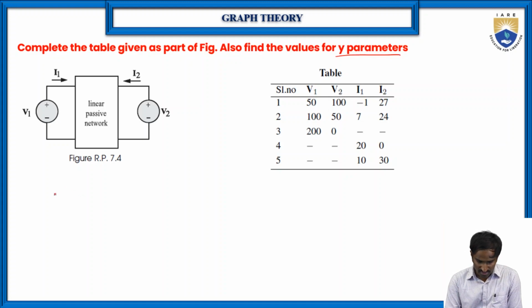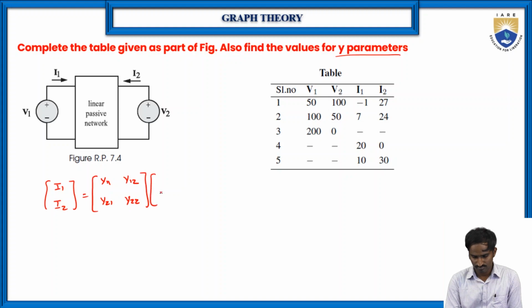So for the y parameters, let me write the equation here. Just now we have written I1, I2 equal to y11 and y12, similarly y21, y22, into V1 and V2.